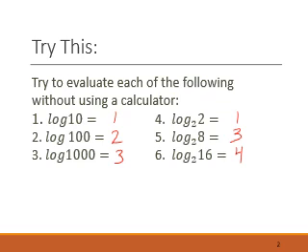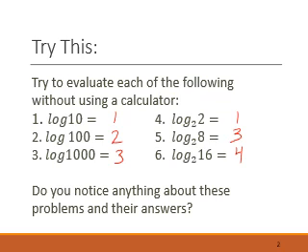So if you've got those answers, the next thing we would ask is, do you notice anything about those problems and about those answers? So looking at the first column, some people might say, oh, well, the answers are in order 1, 2, 3. But maybe if you look at the second column, maybe you'll see something different.